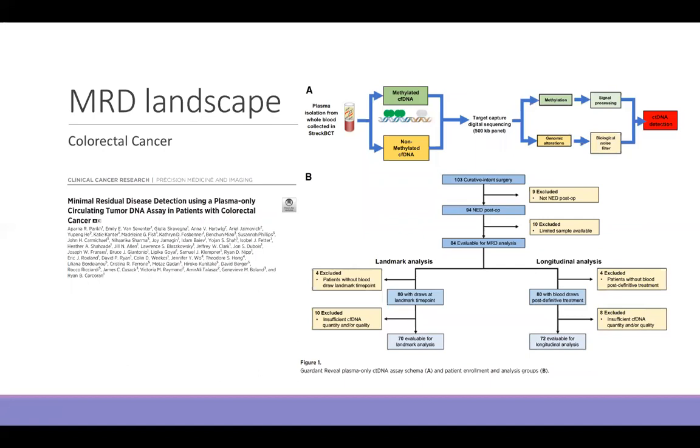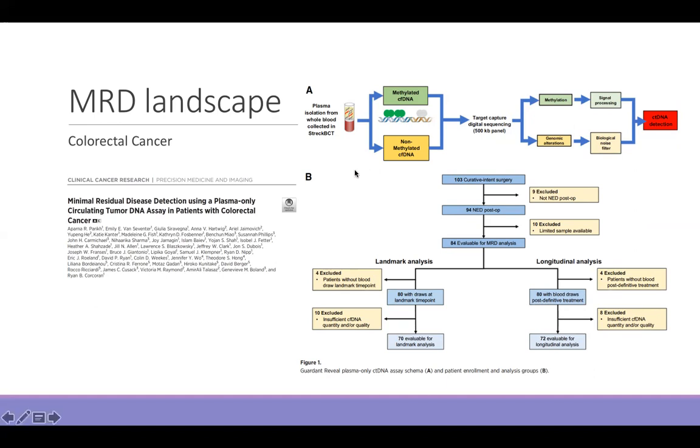And many laboratories and commercial companies are going after colorectal cancer first, because usually it takes many years, up to 10 years, for colorectal cancer to develop. It's the sequential carcinogenesis theory developed by Dr. Vogelstein.